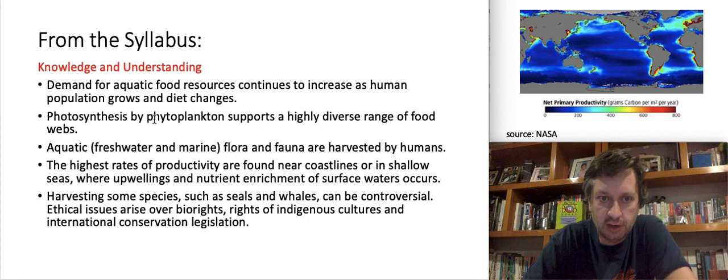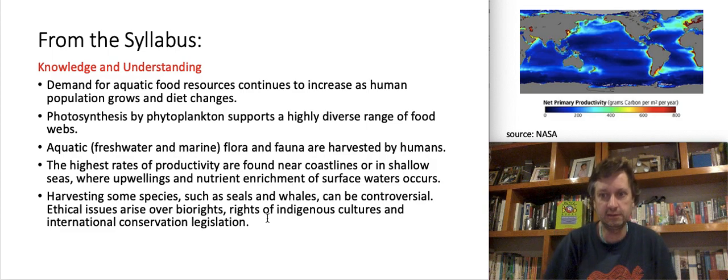I talked about how phytoplankton supports food webs in the oceans. I went through some examples of flora and fauna that are harvested from aquatic systems by humans. A little bit about productivity and how it changes across the world and how it's largest towards coastlines.